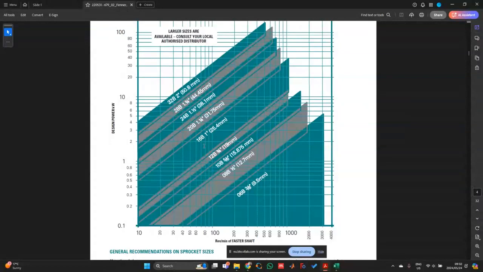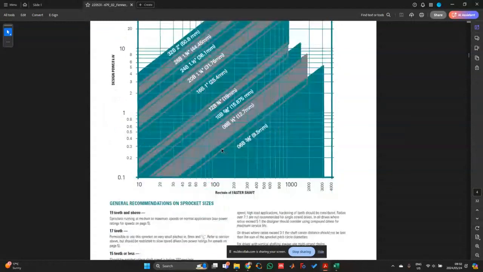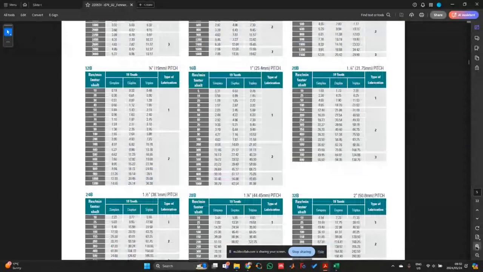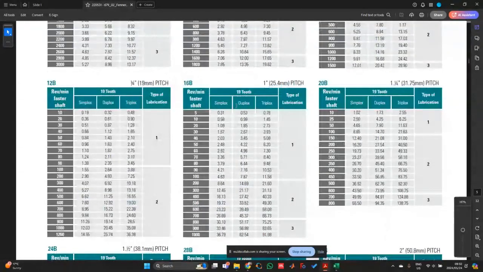So we can also make the choice deliberately to choose a smaller chain pitch. In this case, it was the 12B 3/4 inch. However, then our design power would probably require that we use, instead of a simplex design, a duplex design. Okay, so we increase the number of chains that we have to use.